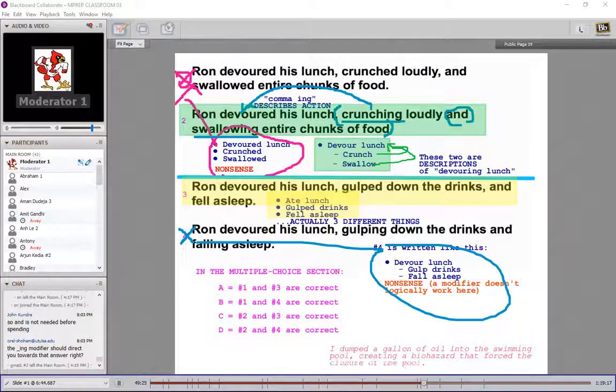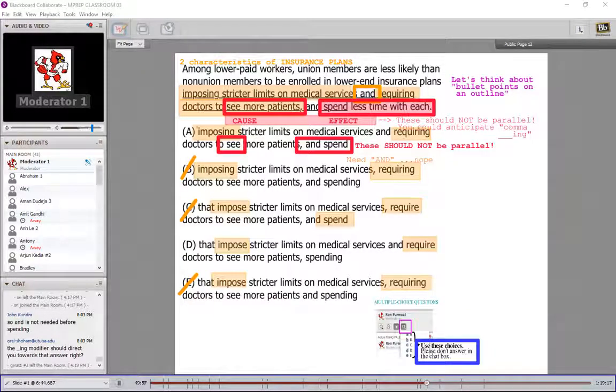You could use comma-ing to do this, where there's your action, and there's your immediate, unavoidable consequence of it. It's not a delayed thing. This is immediately what resulted from that. Comma-ing can do that kind of cause-effect relationship. Immediate, unavoidable effect. That's the same sort of thing that's happening here with these.